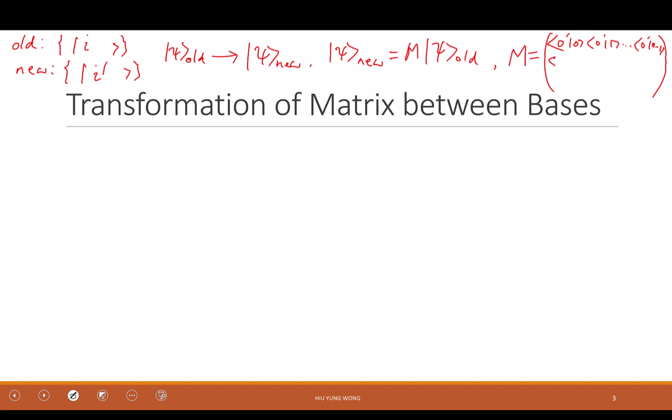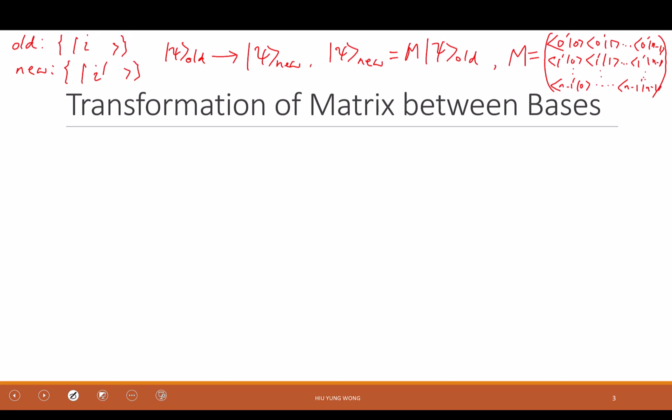Just check it carefully when you go back. It's very easy to memorize because in the inner product, the bra is the new one and it is the row, and the old one is the column. So that's how I memorize it. The last row is n minus 1 dash 0 all the way to n minus 1 dash n minus 1.